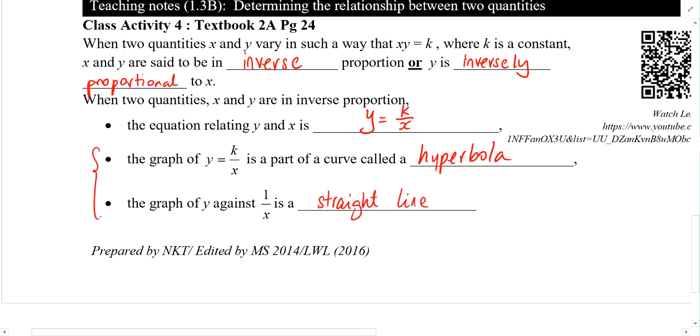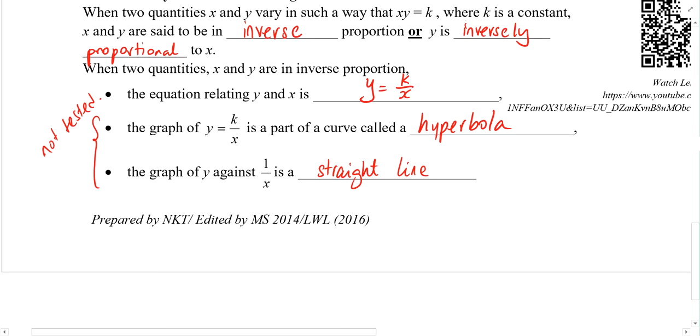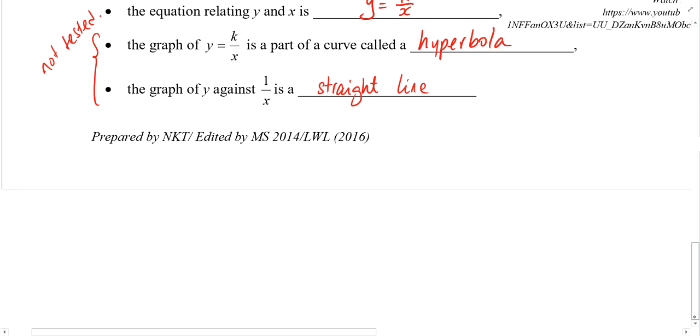These two are not tested, but it's just for your information only. Okay? Alright so far?